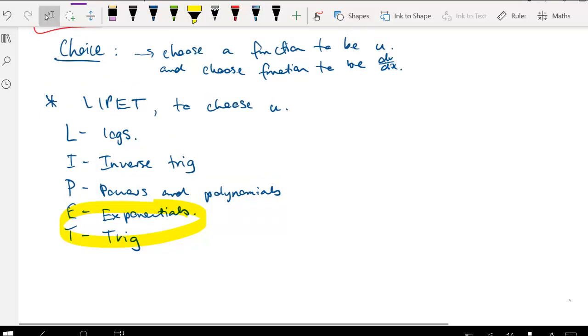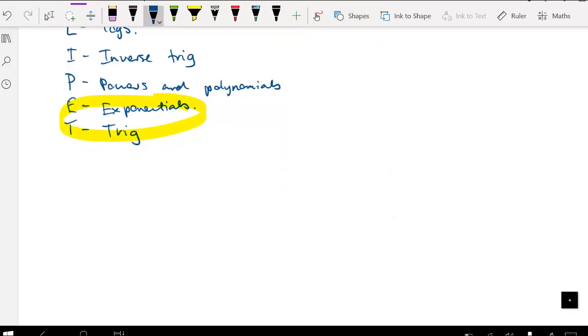Okay, so what we'll do is go through a really quick example, and then we'll have a second video that has some more complex and a few extra examples. So we'll call this example 1. Looking at the integral of x squared ln x with respect to x.